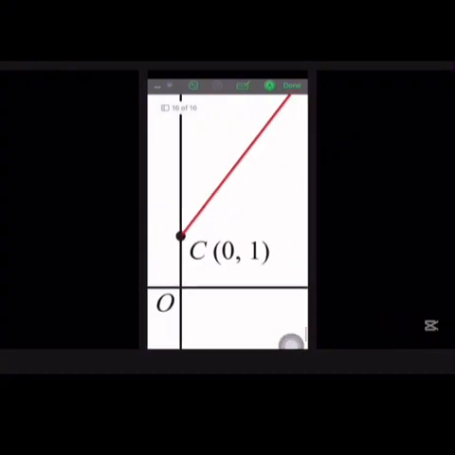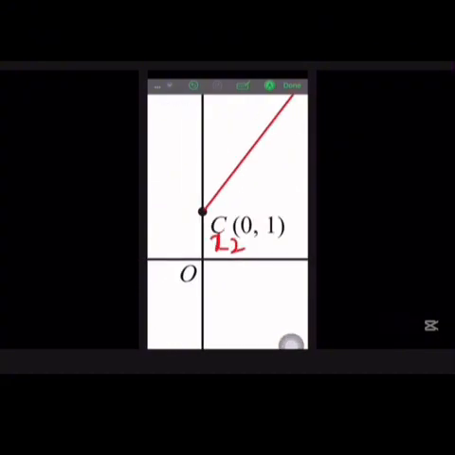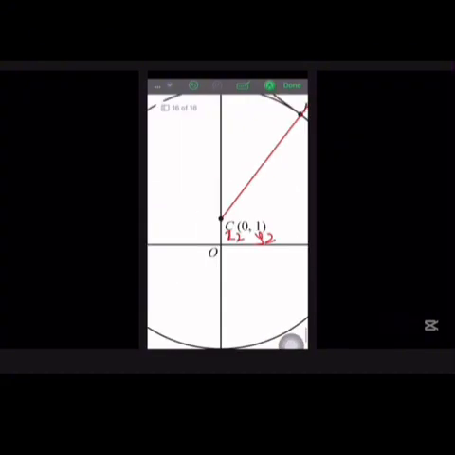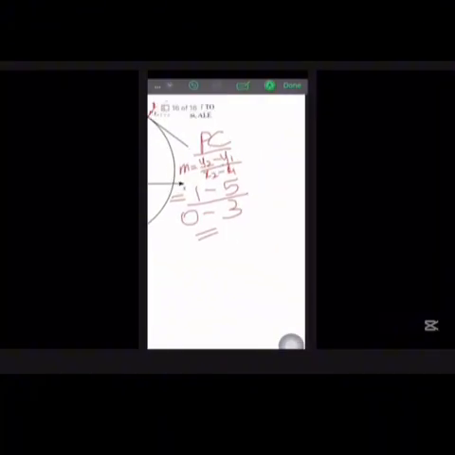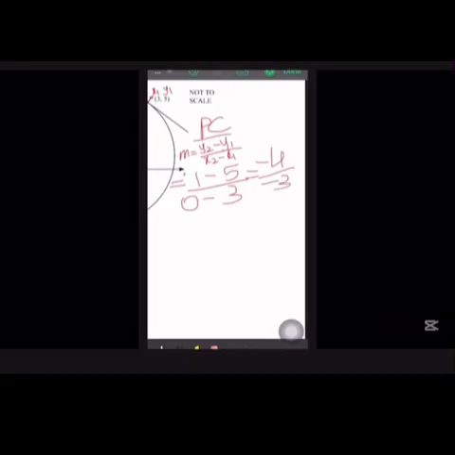And then we have x2, y2. So you can see I'll put the values here. It will be 1 minus 5 and it will be 0 minus 3. So my answer will be minus 4 over 3. We cancel, it will be 4 over 3.